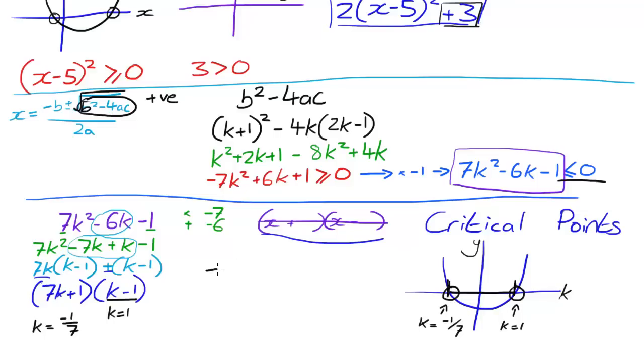So we can say that from minus 1 over 7, anything greater than or equal to that, we have our k, and then it has to be less than or equal to 1. So in that range, we have our k.